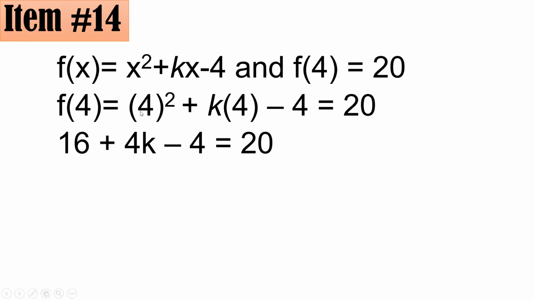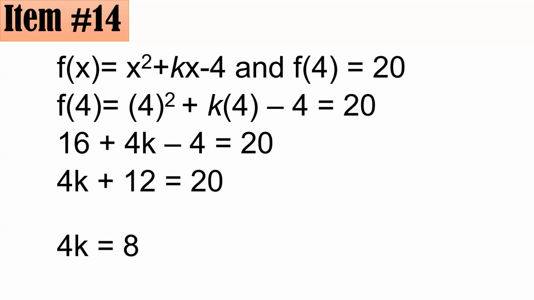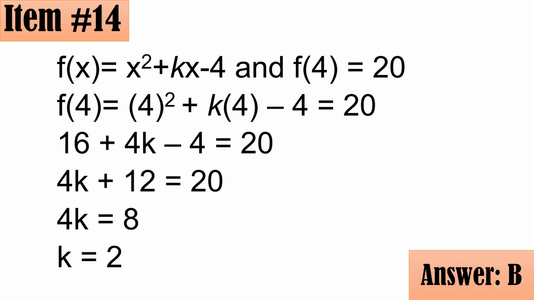So that would be 16 plus 4k minus 4 equals 20. 16 minus 4 simplifies to 12. So you have 4k plus 12 equals 20. Subtract both sides by 12 po. Magiging 4k equals 8. And of course, dividing both sides by 4 gives us k equals 2. So tama po yung letter B na 2.